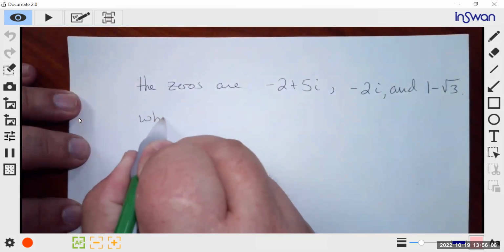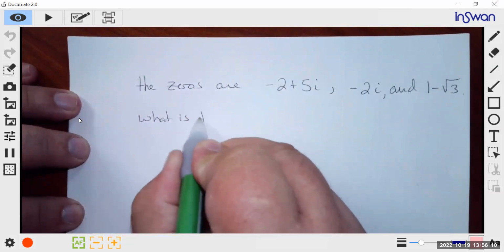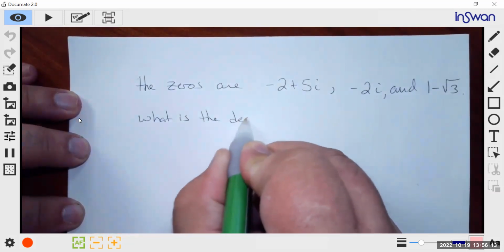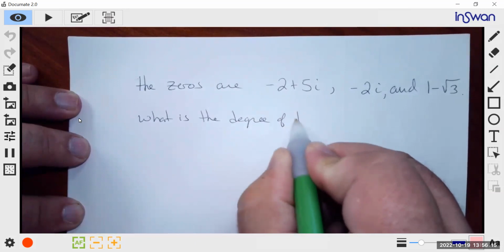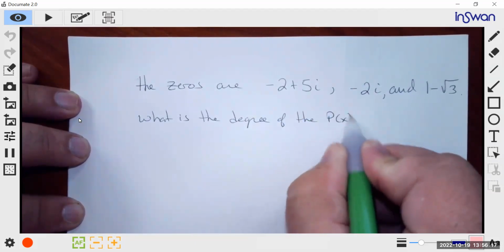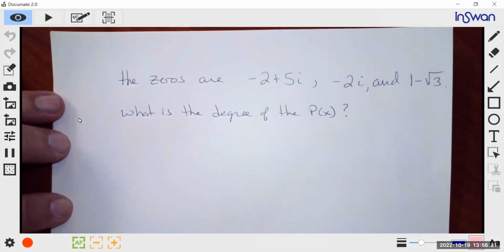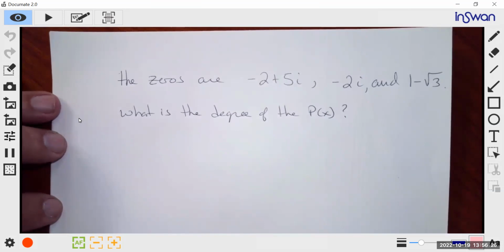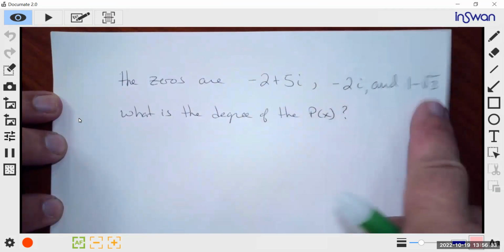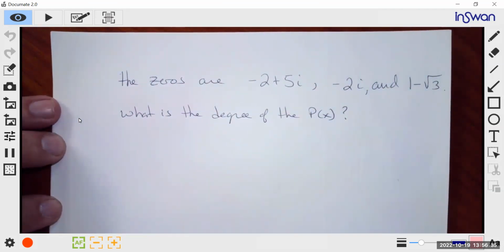Tell me, what is the degree of the polynomial? Well, we have 3 terms right there automatically. The degree is 6.